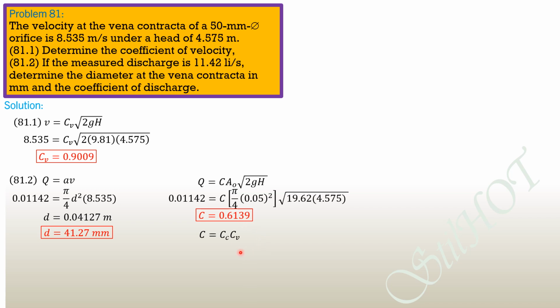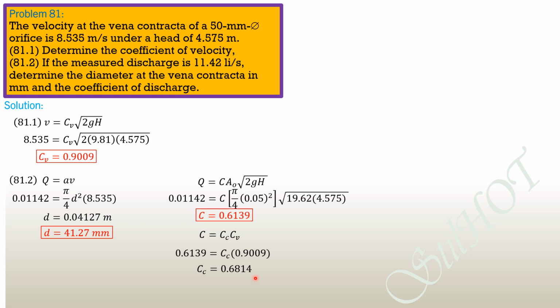Then from the relationship C equals C sub C times C sub V, let's solve for C sub C first. 0.6139 equals C sub C times 0.9009. So solving for C sub C is 0.6814. Having known C sub C, we equate this to the area at the vena contracta, pi over 4 diameter square, over the area of the orifice, pi over 4, 50 mm square.